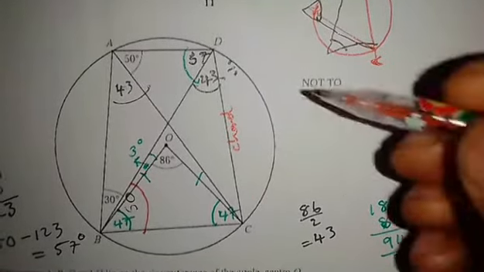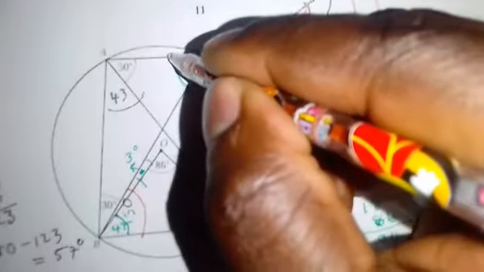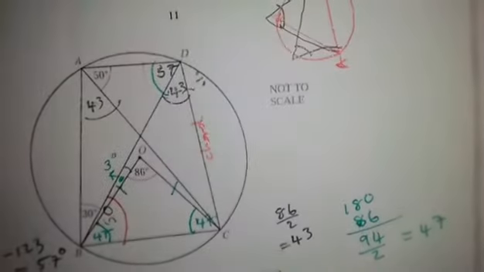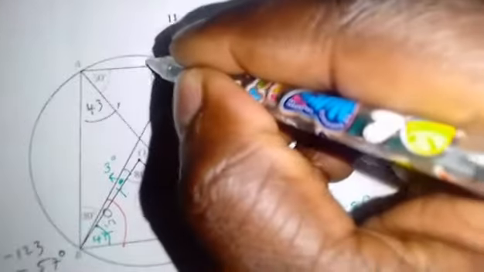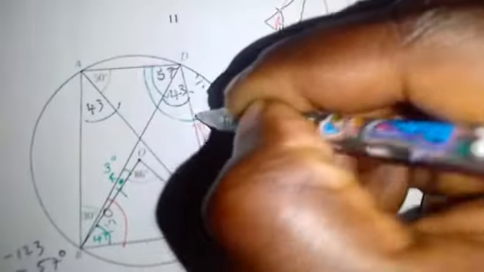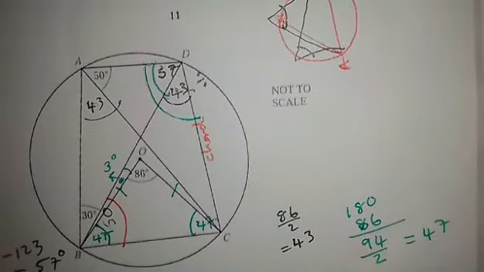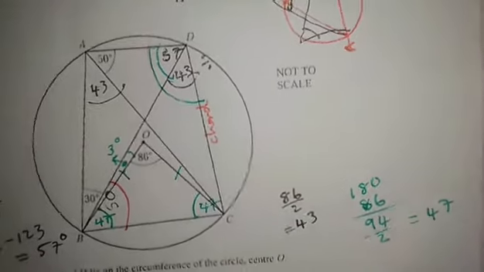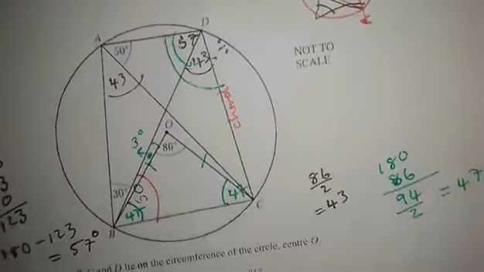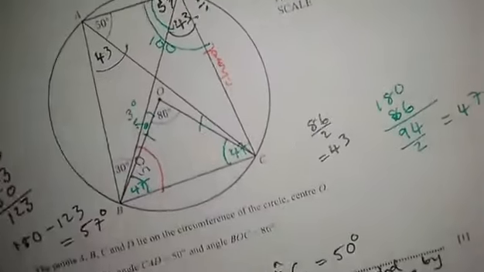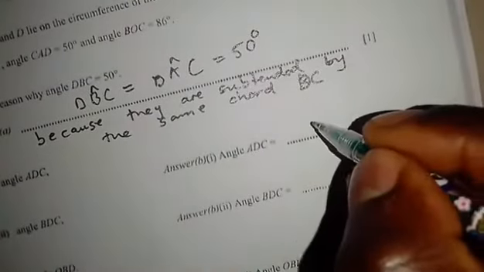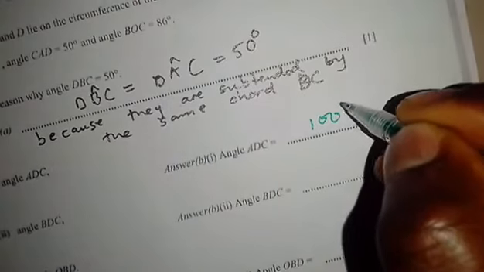ADC refers to this whole angle at D. It covers two angles; let me try to highlight it. This whole angle at D covers 57 and 43, so 57 plus 43 gives 100. So ADC is 100, and we write 100 degrees here.